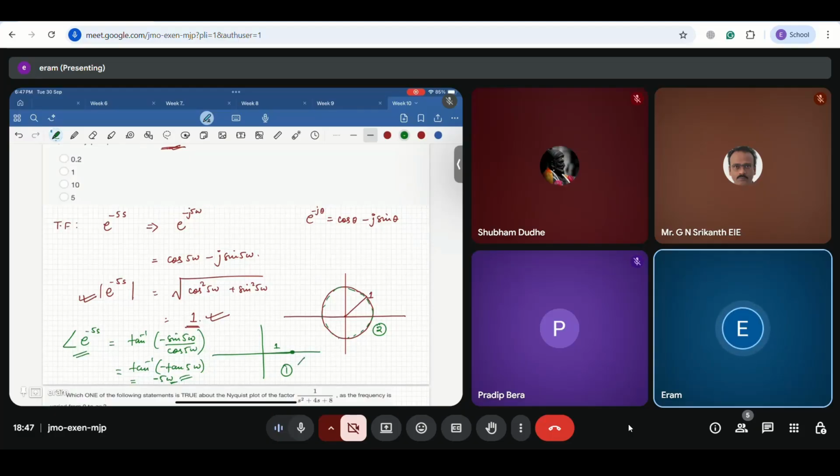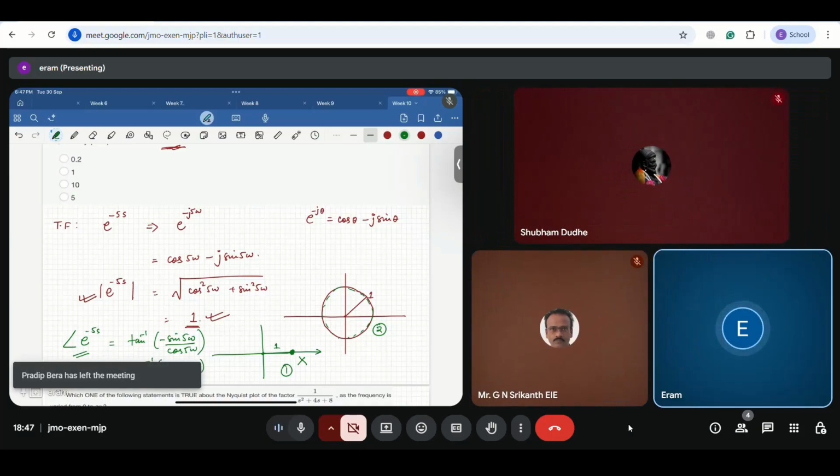So the first option can never be the case, because if we have a point here, then the magnitude is fixed, that is 1, but that is the magnitude we calculate with respect to the origin. It is 1, but its phase is always 0, right? If you calculate the angle with respect to the x-axis, it is always going to be 0, but here our phase is going to vary with respect to omega.